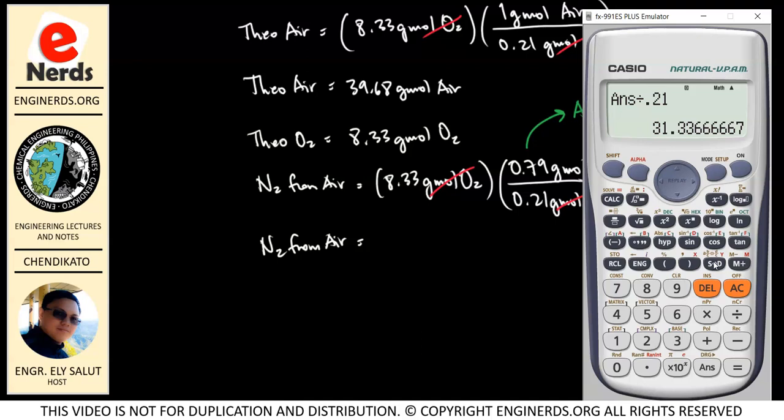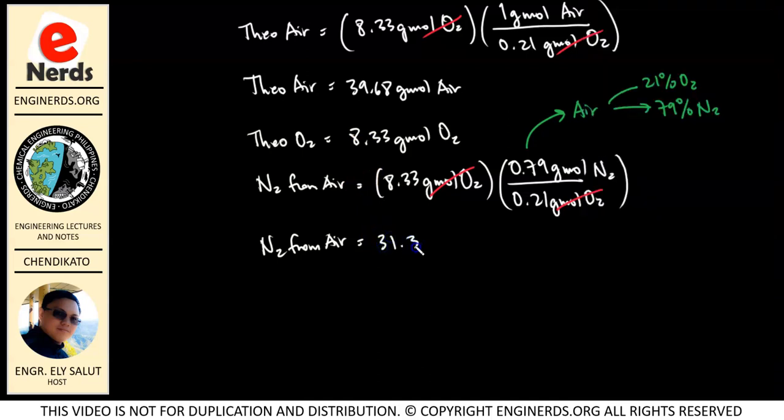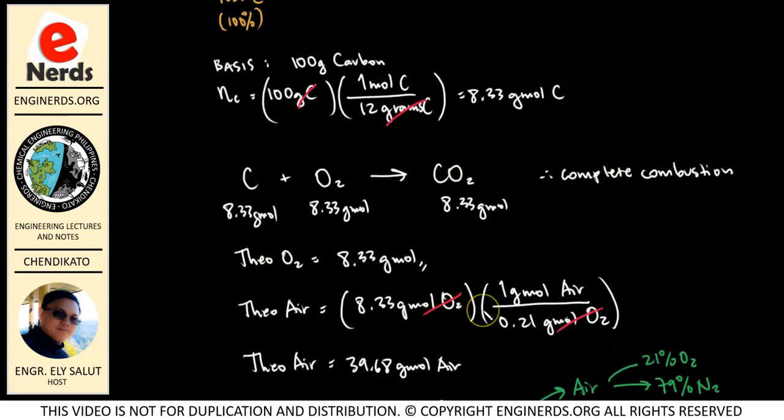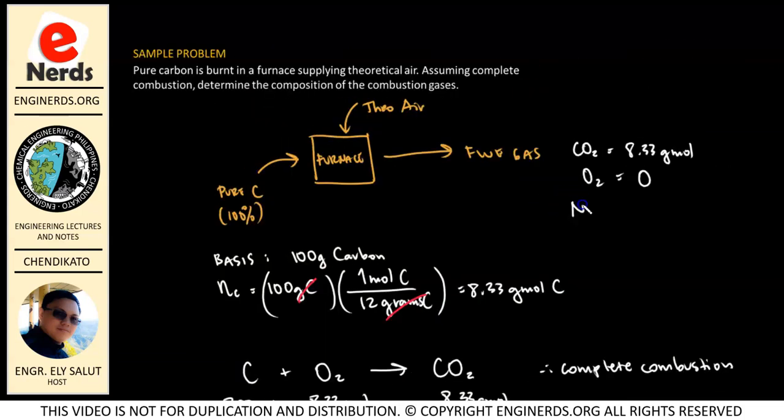Okay, so we can say 31.34 gram mole of N2. So, yung N2 natin are inert sa ating process dahil ang ginagamit lang naman natin for combustion is yung oxygen. So, therefore, lalabas to sa ating flue gas. So, we have 31.34 N2 gram mole. Okay, so yan ang composition ng ating flue gas.